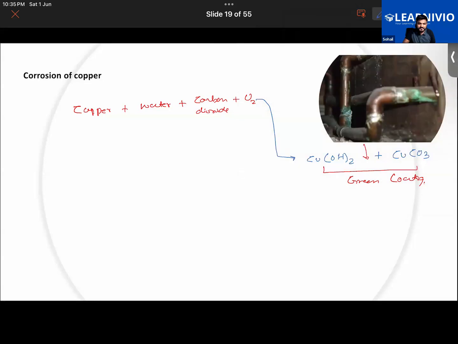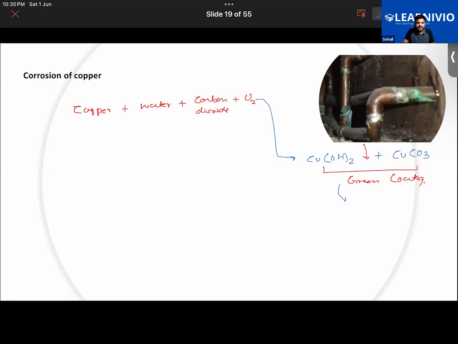Hope you are getting it. So whenever copper vessels are exposed to moist air, after a long time, they acquire a green coating on the surface. That coating is basically made up of copper hydroxide and copper carbonate. If you were to look at its property, again the property is going to be basic.